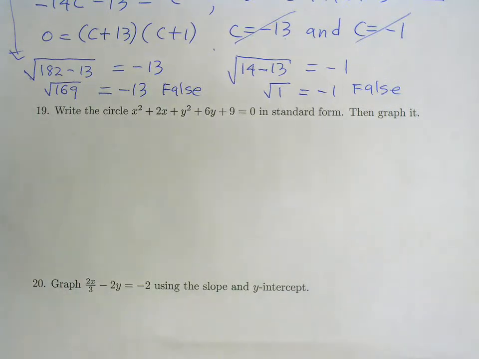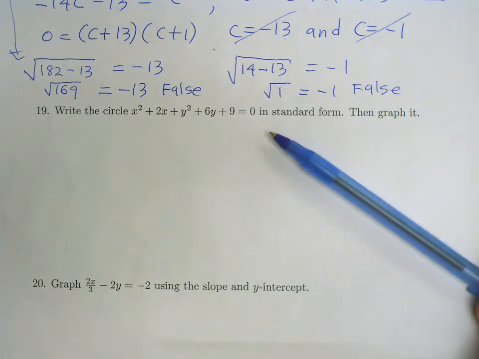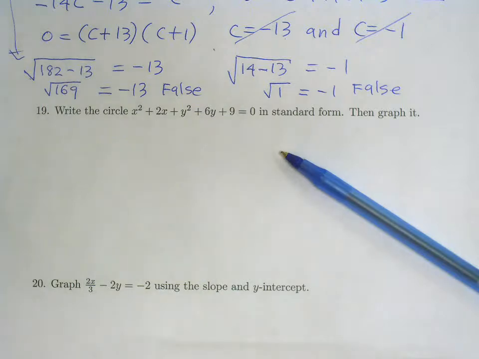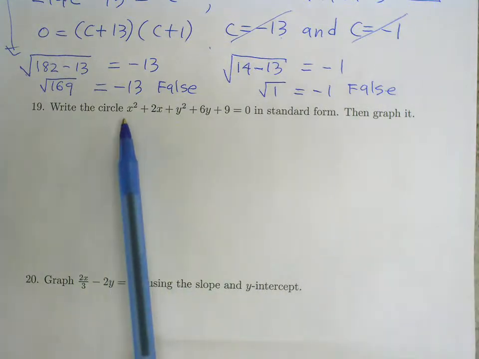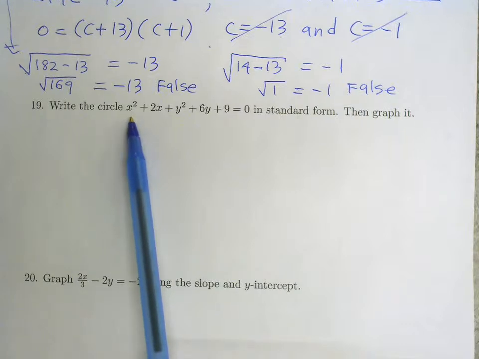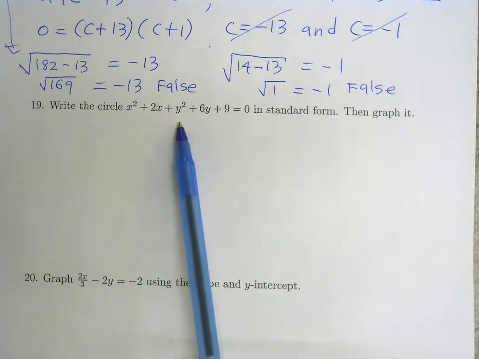So this is an equation of a circle. We're not starting out in standard form. So maybe you're wondering, how do you know it's the equation of a circle? Well, there's an x squared term and a y squared term.